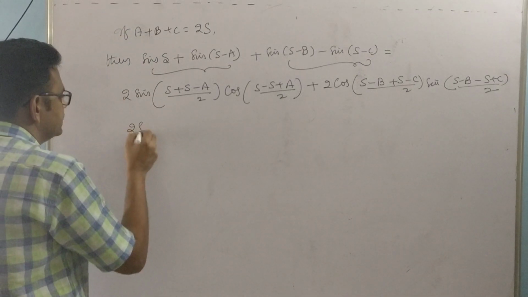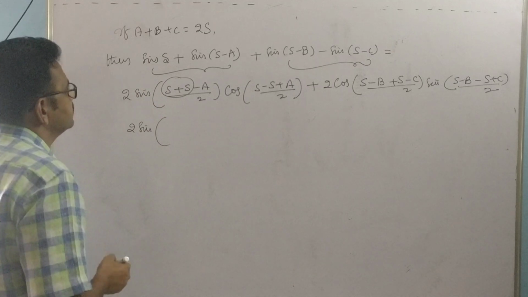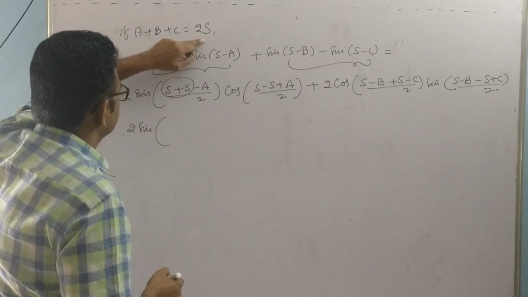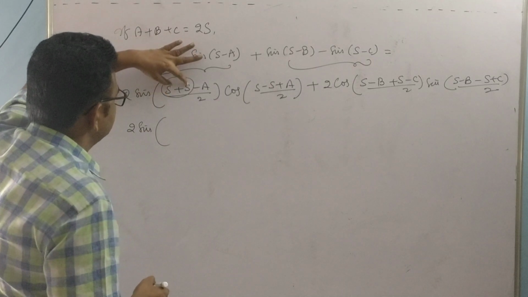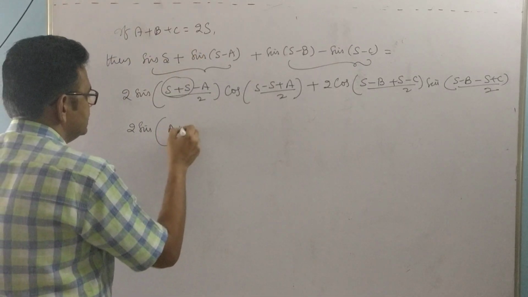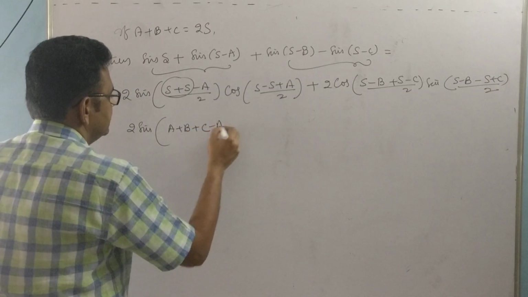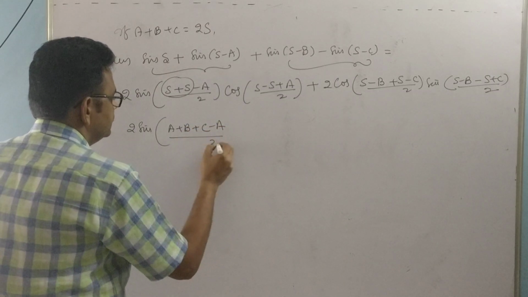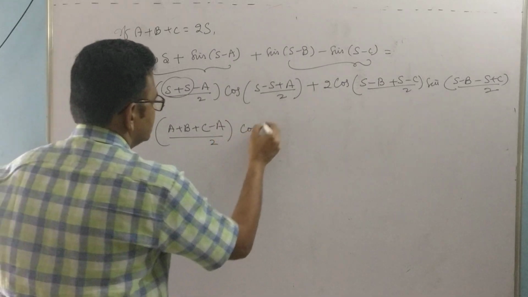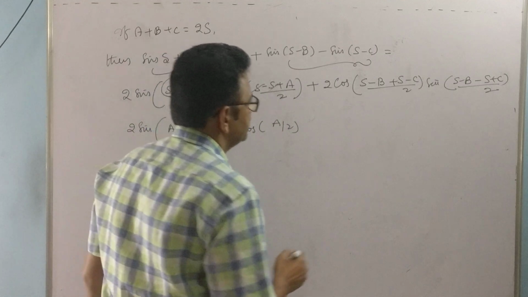So 2 sin, this is 2s, where 2s equals what? a plus b plus c. So 2s is a plus b plus c minus a by 2, and this is cos of a by 2, these two get cancelled.